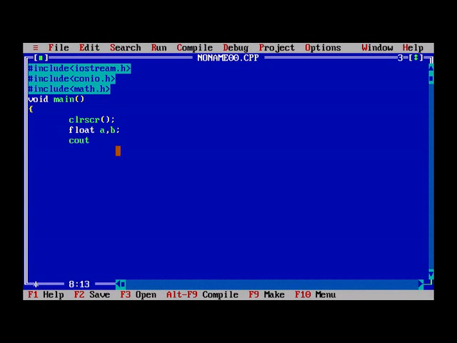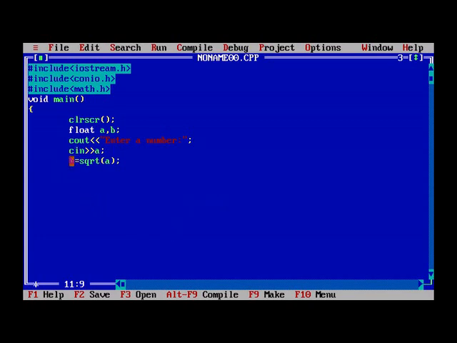Now we are going to ask the user to enter a number. So I'm going to give this message, enter a number. And now cin into a, the usual stuff. And here we are going to find the square root, b equal to sqrt of a. So it's going to find the square root of a and store the number in b.